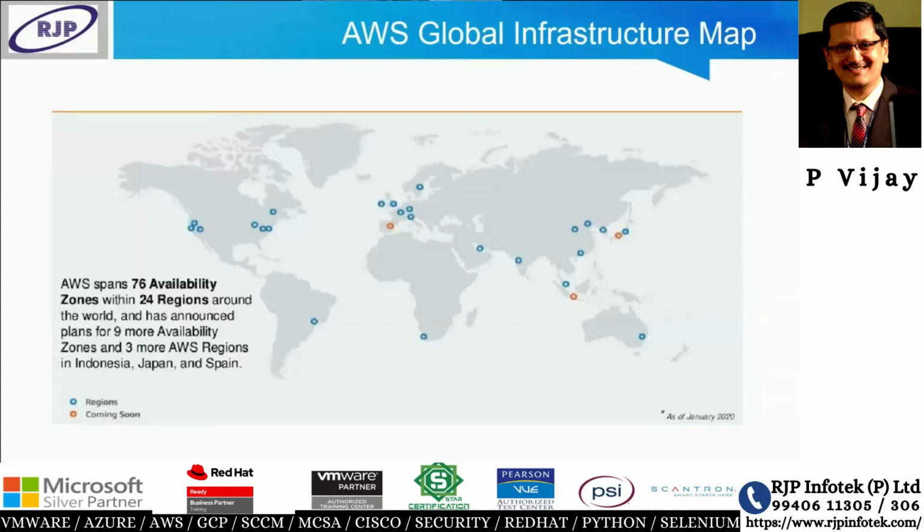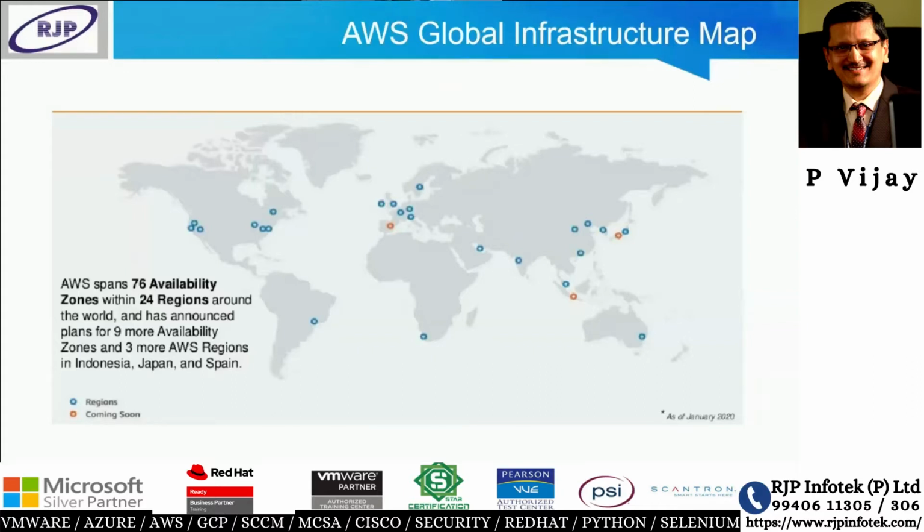You can look at how many locations it has got its data centers. And this is counting. This is not a fixed number. You have about 24 regions, and this is as of January 2020. Half a year has crossed, and they would have completed one or two more.